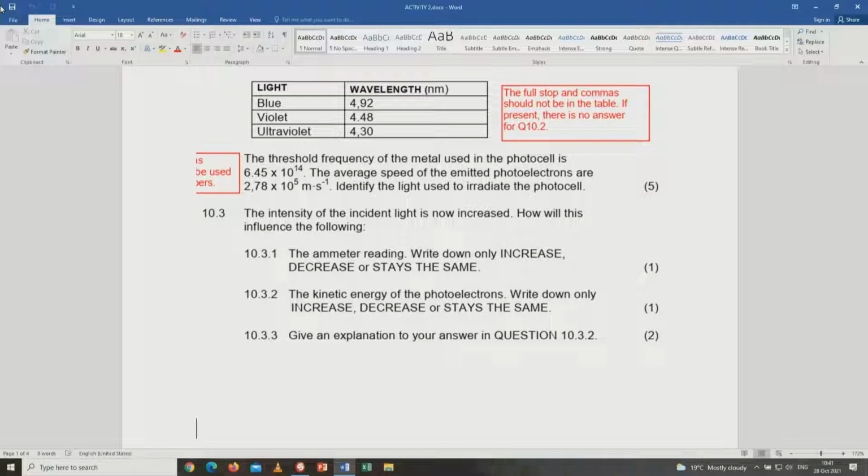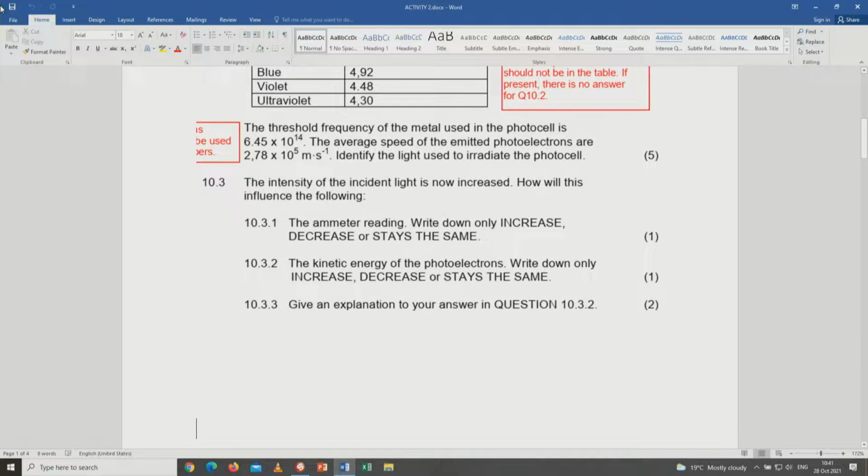Even if you increase the intensity, if that light has a frequency that is less than the threshold frequency, there won't be any change in the number of photoelectrons released. The change will only come if the light whose intensity you increase has a frequency greater than the threshold frequency. Please note this because it is very important, and many learners make a mistake with it.